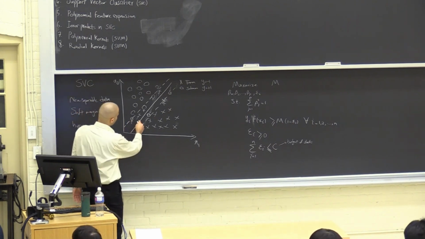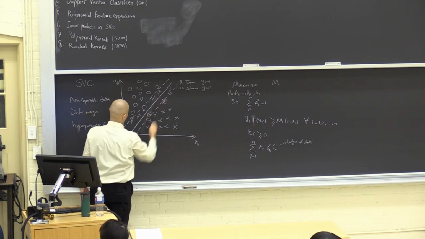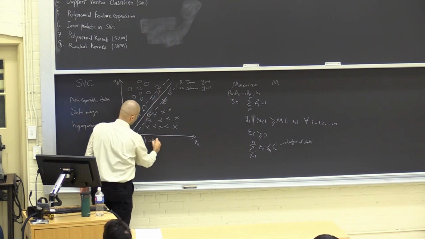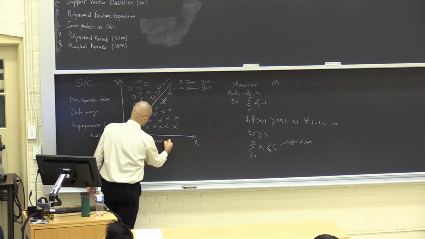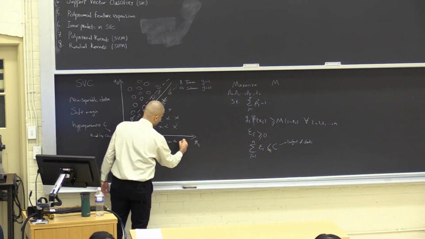So with this example, we had 1, 2, 3, and 4 observations on the wrong side.